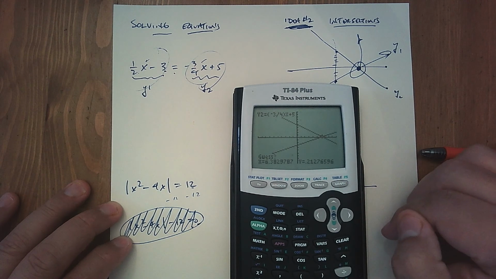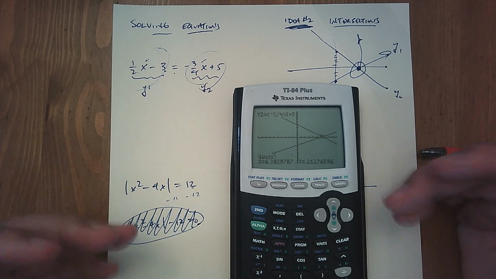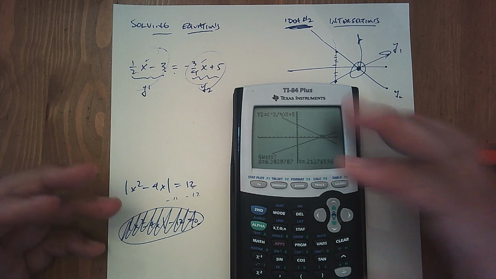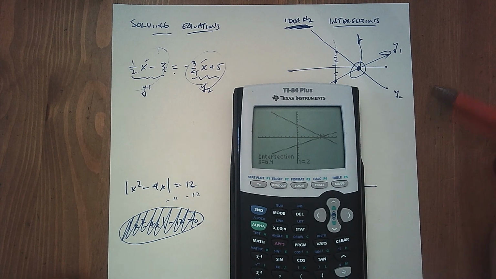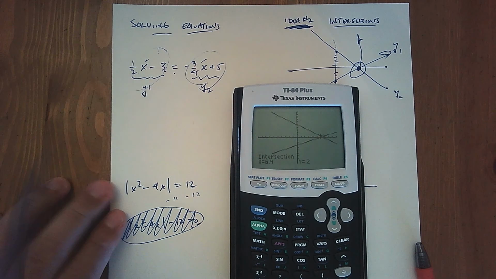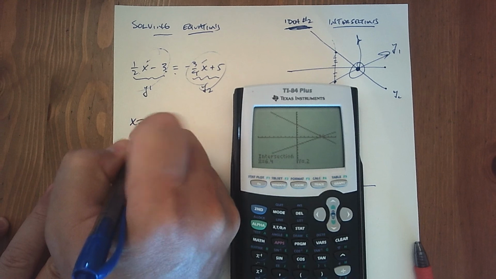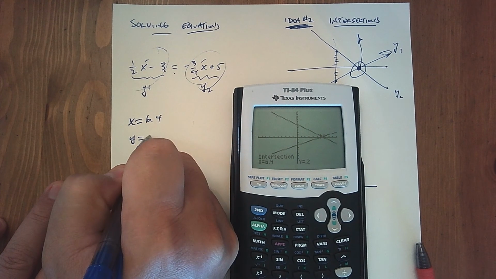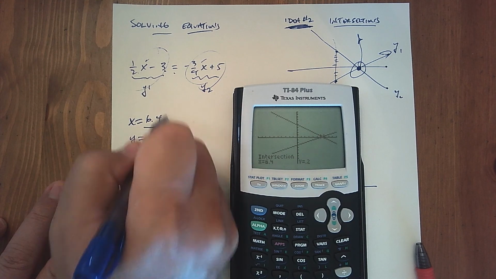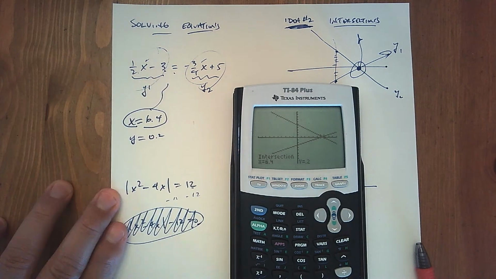We'll press enter. And then it's asking for a guess. Rather than messing around with the cursor, I just press enter yet again. And then what it pops out after all that button pressing is our intersection point. So it looks like our intersection point's occurring at x equals 6.4, and y equals 0.2. But there's basically your solution to that equation.